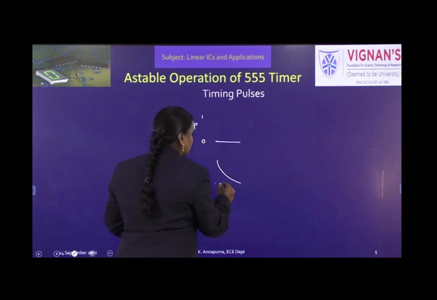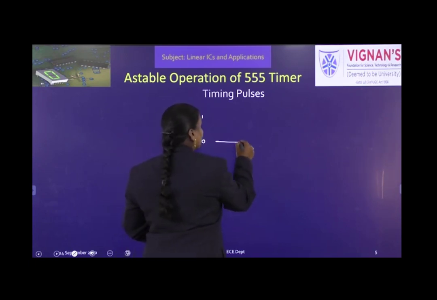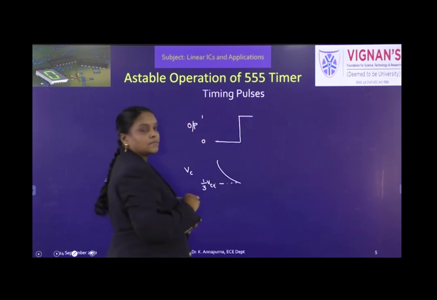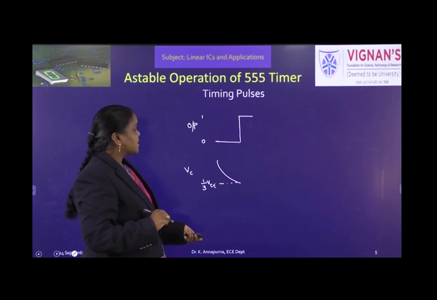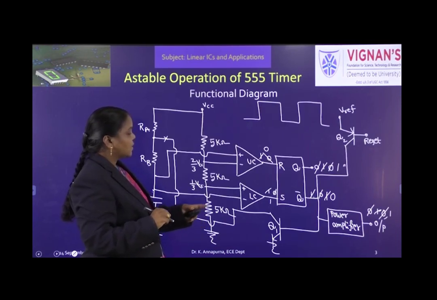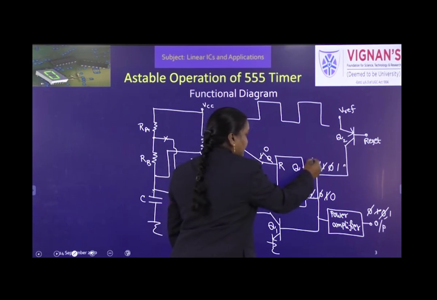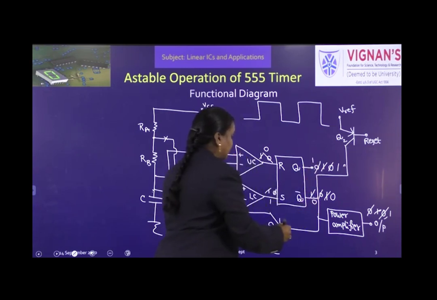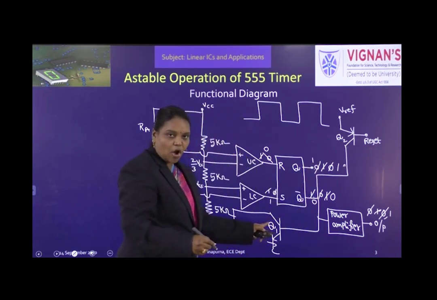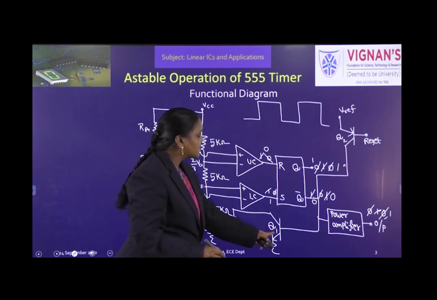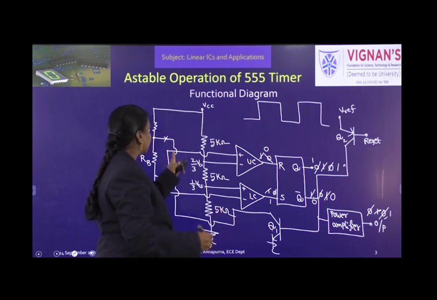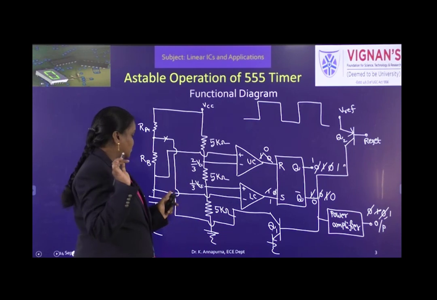So when it reaches 1/3 VCC, the output changes from logic low to logic high. The output is high now, which means Q bar is 0, so the transistor is in off condition. Q1 being off means there is no discharging path for the capacitor.